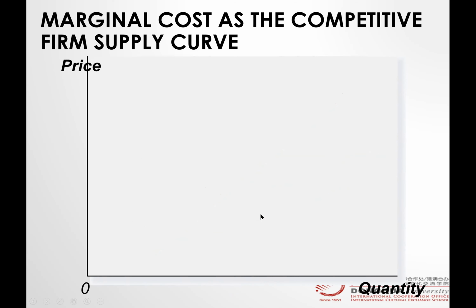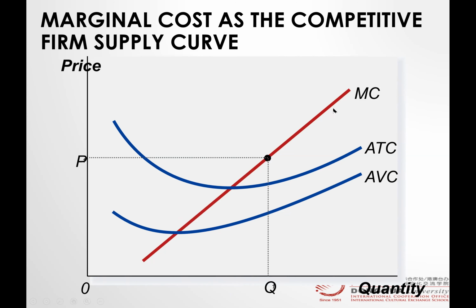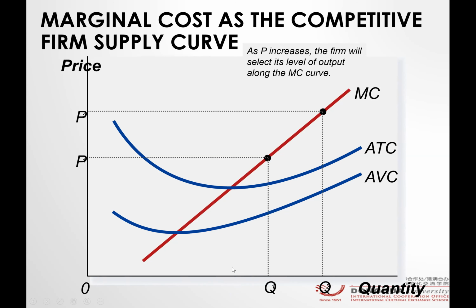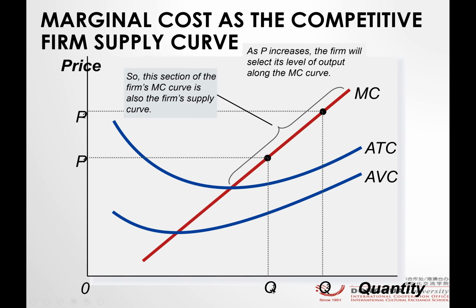Which one is upward sloping? MC. You see MC? If price increases from P1 to P2, quantity also increases from Q1 to Q2. So it means MC can be a replica for the supply curve, right?